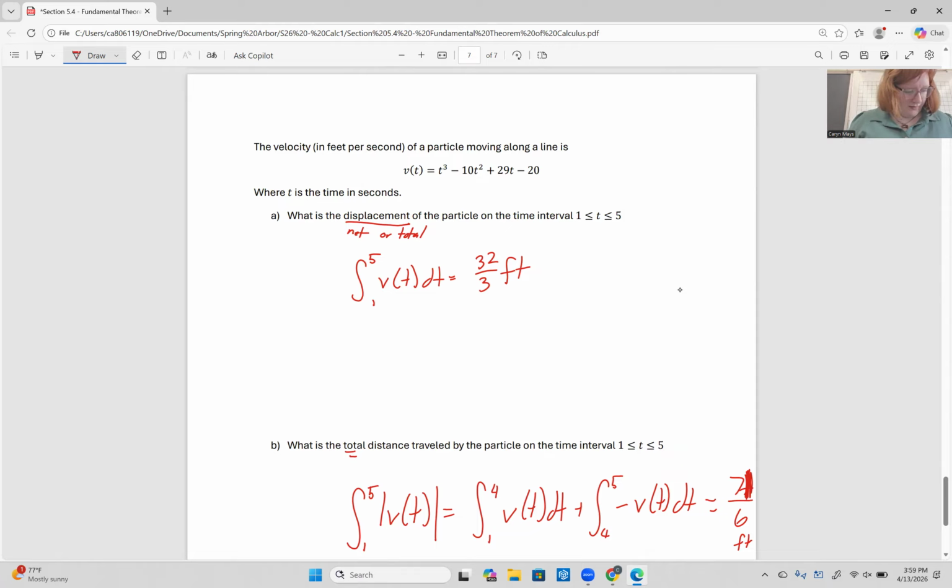And that very quick difference: displacement, or net, just gives the difference from one spot to where it ended. The total adds in the, okay, we went forward for a little bit, we went backward, and so on.